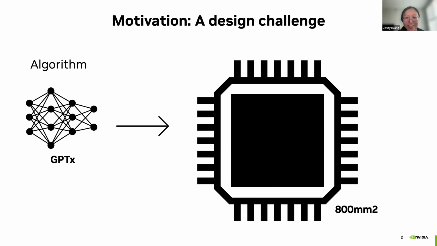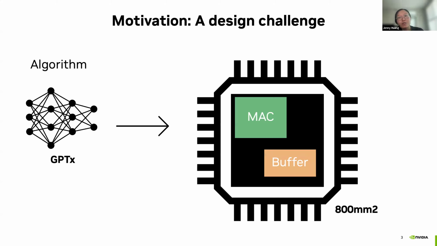Basically, I'll start with a typical scenario a computer architect faces every day. Imagine you're the lead designer given the opportunity to architect the next generation AI accelerator for a new tensor algorithm called GPTX. You're presented with a chip area of 800 square millimeters and the best available DRAM from the vendors.